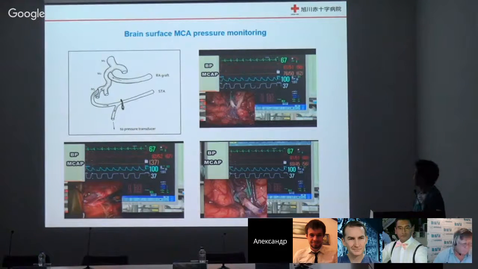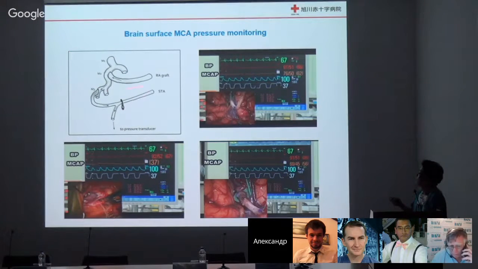Also, I emphasize some useful techniques: brain surface MCA pressure monitoring. I perform an STA-M4 bypass before the high flow bypass, the so-called assist bypass. One purpose of the STA-MCA bypass is as an insurance bypass.